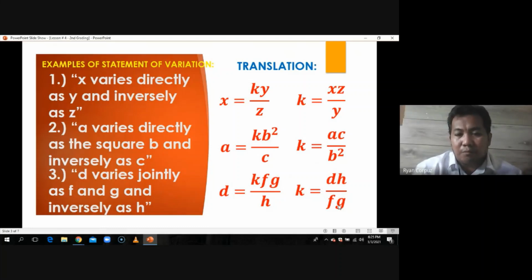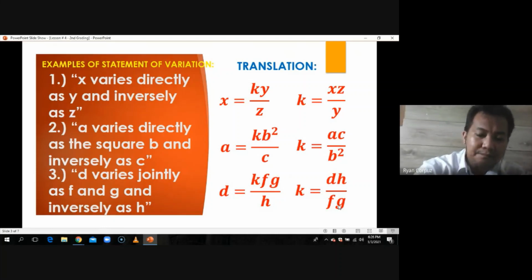As long as you are practicing it every day, mamamaster nyo rin on how to translate statements of combined variation into symbols. Magiging tama yung translation ninyo, then magiging tama ka sa answer mo in the end. So, ganun lang naman yun. So, that's how we translate, again, statements of combined variation into symbols.